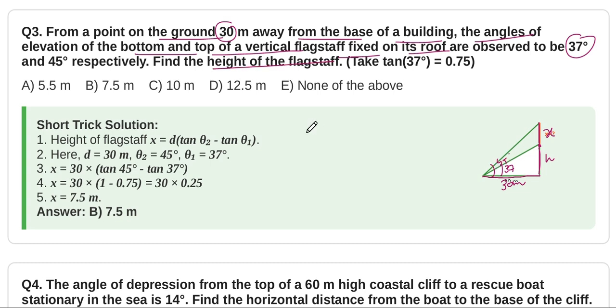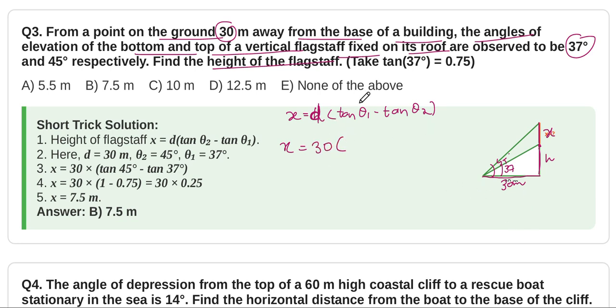So that also, a short formula we have written. x is equal to, the formula is d bracket, that is the base distance, bracket, tan theta 1 minus tan theta 2. Means bigger minus smaller. So for x we have to find out, the base distance is given 30.